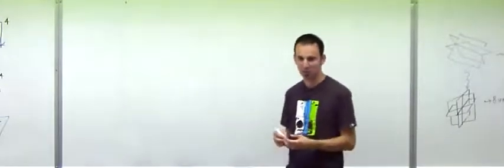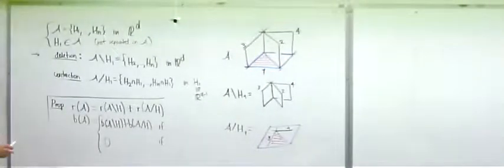So arrangements might or might not have bounded regions. I'm trying to think of what's a good example that I can actually draw. Maybe let me tell you what the conditions are.